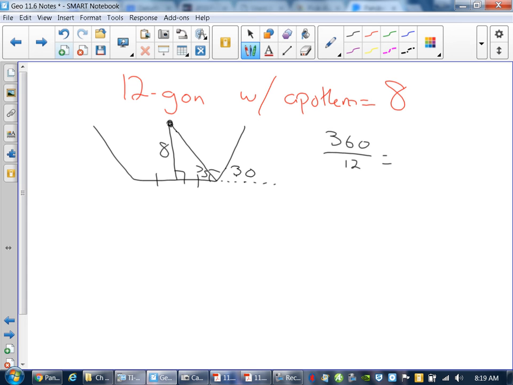Now, am I trying to find the apothem or a side length? I have the apothem. Am I still using tangent? I'm still using tangent, but now my variable switches. Now you do your exchange or change it.